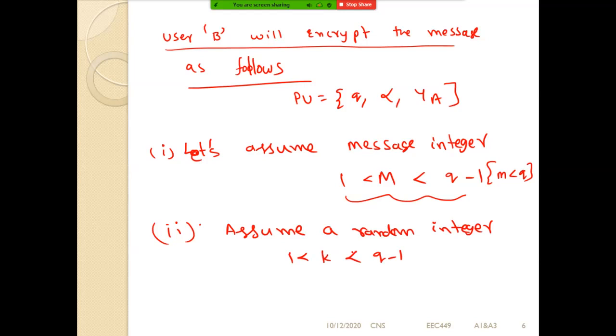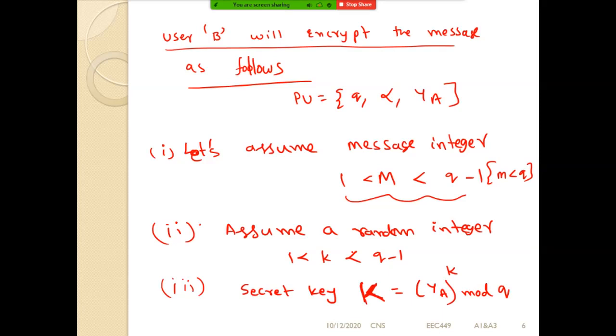Okay, now this is the main step, third step. The user B will generate a secret key. So secret key K, capital K, is equal to, whenever we are generating a secret key, this fellow will use the public key of user A power this random integer small k mod Q. Don't confuse the capital K and the small k.